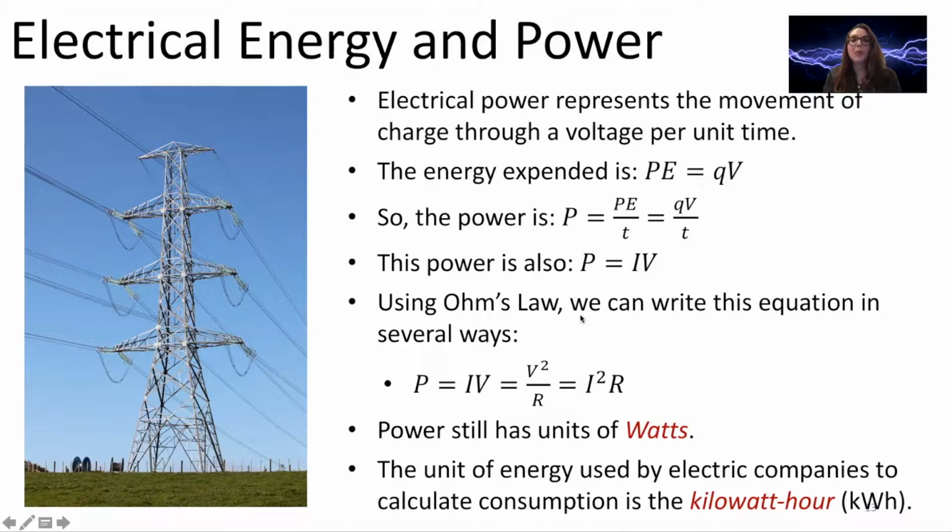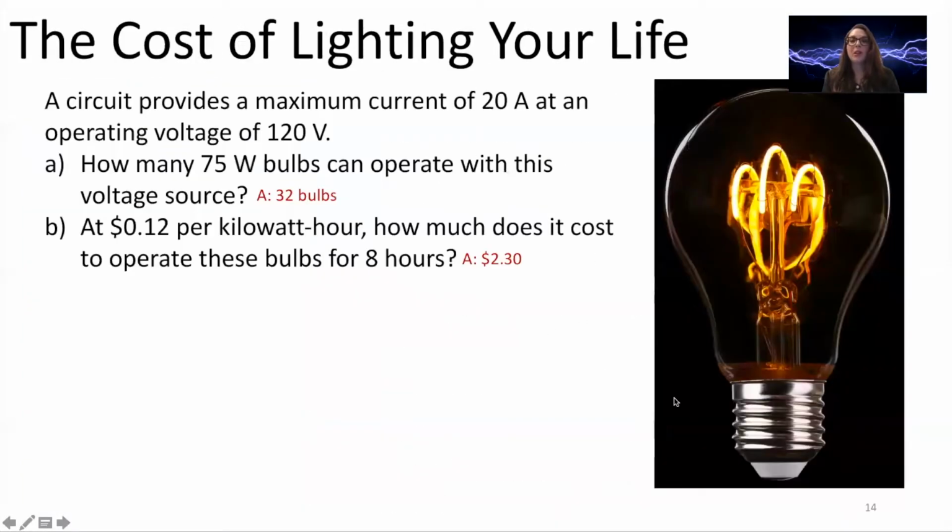All right, so just with these simple ideas, we are going to solve one problem. We're going to think about the cost of lighting up your life. We have a circuit, and it provides a maximum current of 20 amps at an operating voltage of 120 volts.